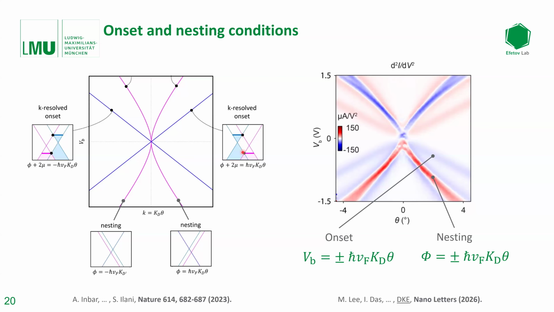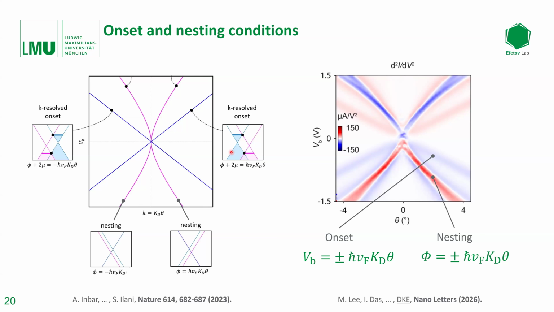So this condition does not give a very strong tunneling current, and it depends mainly on the electrostatic potential within the dielectric layer. And this shows up in our phase diagram as these linear lines, and you can see them clearly here also in our data.